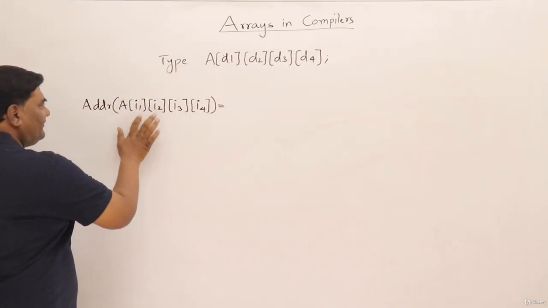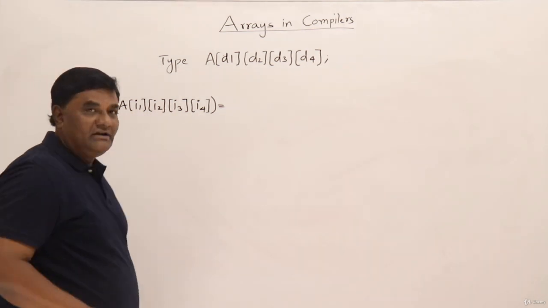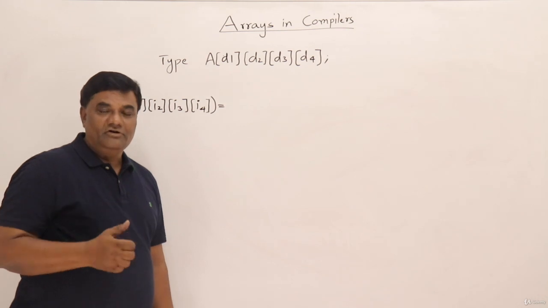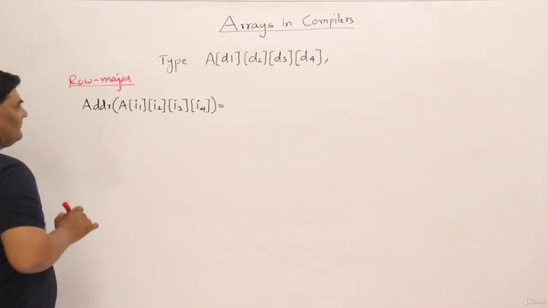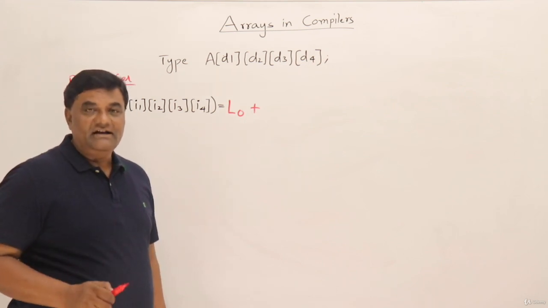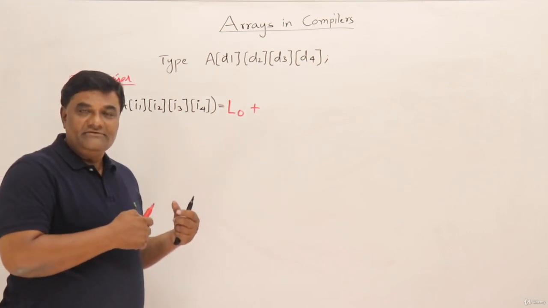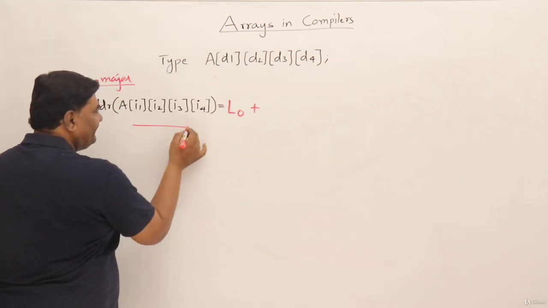Now for the address of any location whose indices are I1, I2, I3, I4, then what should be the formula? So let me prepare the formula for row measure. In 2-dimensional arrays, already I have explained that row measure is done from left to right and column measure is from right to left. So we will go from left to right.